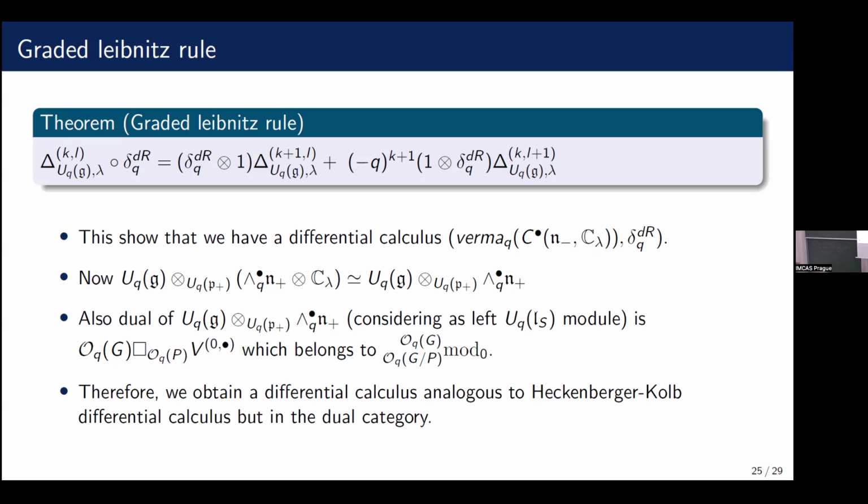Is it like an alternative description of what they have done? They did it in the language of the Lie groups. But later on they also did it in the language of Verma modules. That was the last in their series of papers. First of all, they did it as you've written, OQG cotensor V zero, and then they did it dually in terms of Verma modules and sequences of Verma modules.